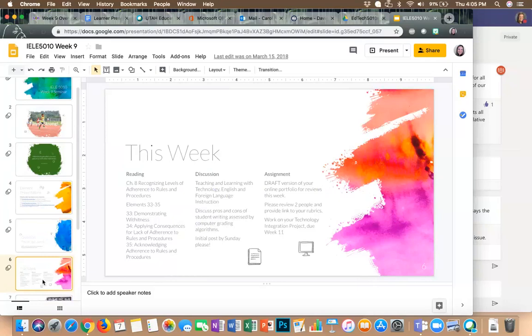Okay, this week the reading is on Chapter 8, which is Recognizing Levels of Adherence to Rules and Procedures. And that covers elements 33 through 35. The discussion this week is Teaching and Learning with Technology with English and Foreign Language Instruction. So keep that in mind as you think about the pros and cons and just teaching and learning with technology with those particular students in mind.